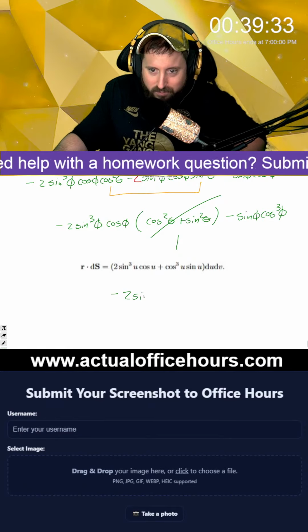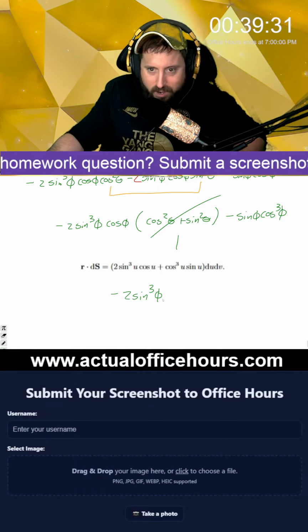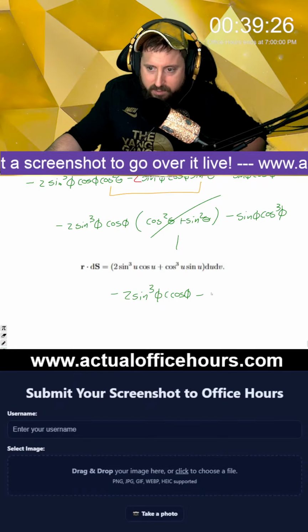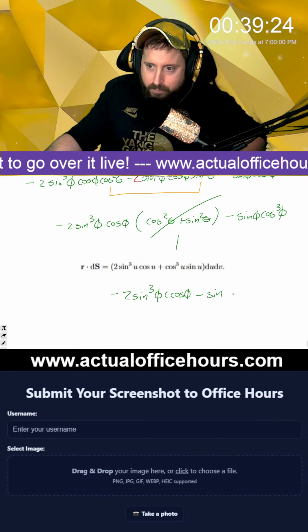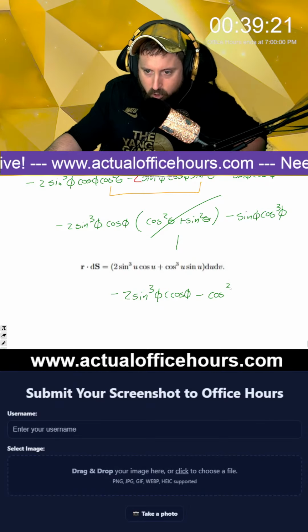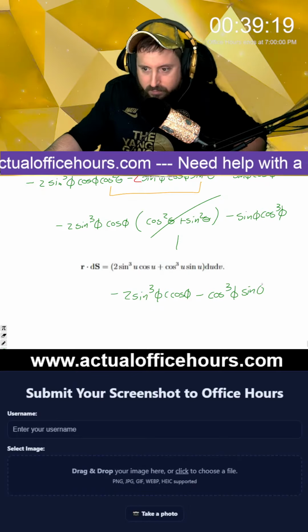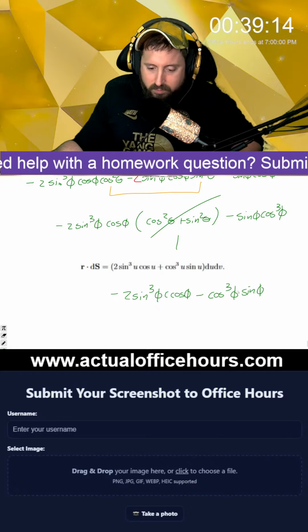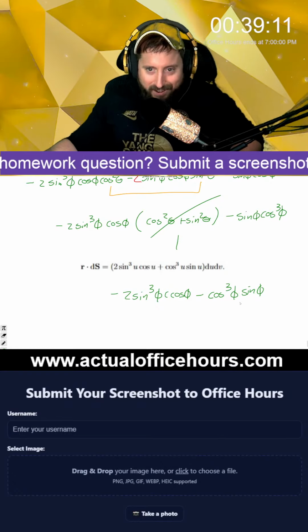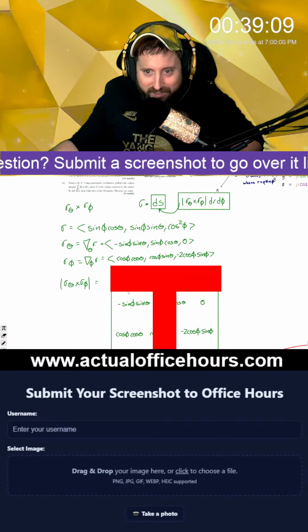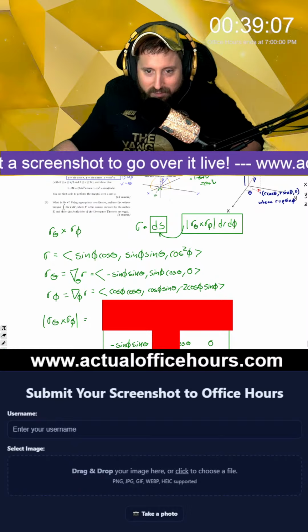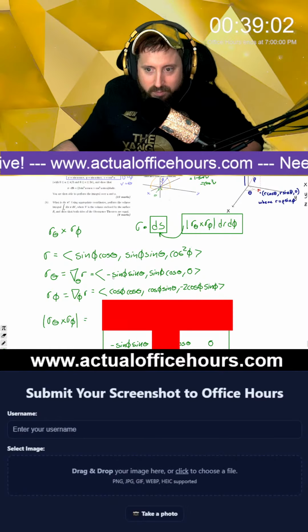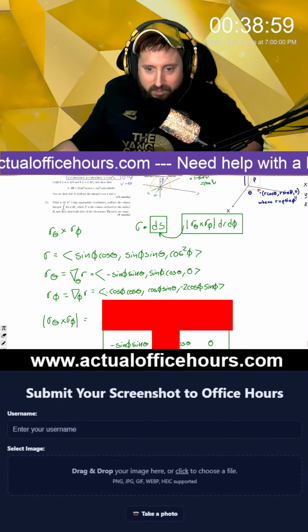So I got negative 2 sine third phi cosine phi minus cosine cubed phi sine phi. Nice. I don't know why there's a minus sign, but whatever. Probably goes away or something. Why did I have a minus sign on this again? Did I do this right? d theta. Yeah, derivative of cosine's negative sine. Right? Yeah, that's fine. Close enough, I guess.